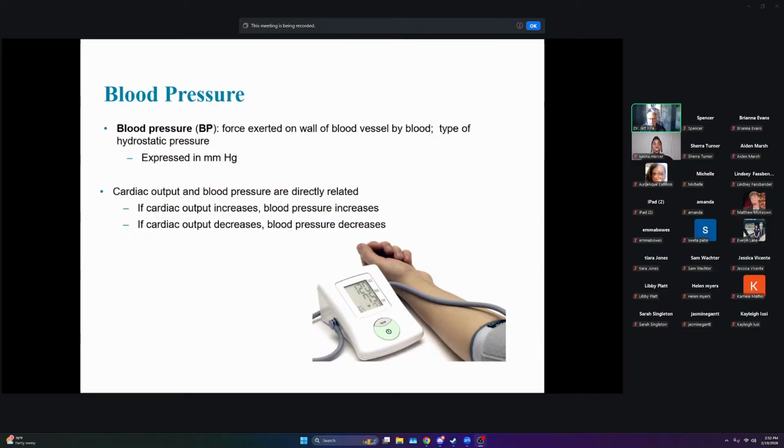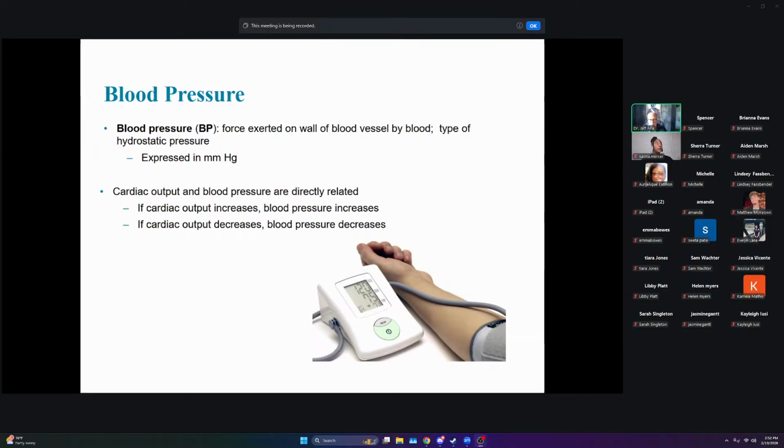Okay, we talked a lot about cardiac output and how we derive that: heart rate times stroke volume. And if cardiac output increases and we have more blood being ejected per minute from the heart during intense exercise, for example, our blood pressure is going to increase because there's more blood in the arteries.